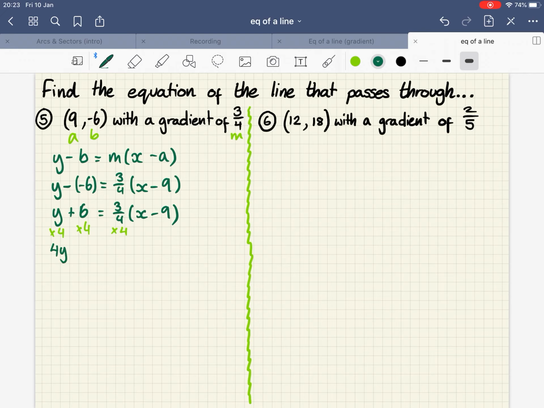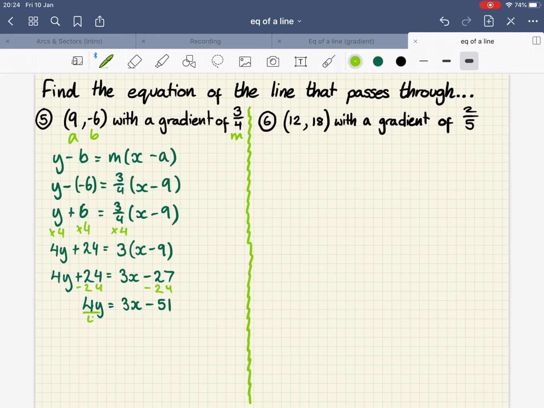So that's now going to be 4y. 6 times 4, that's going to be 24. This will now just be 3 bracket x minus 9. And then going to expand that bracket. So that's going to be 3x minus 27. Take away that 24 from both sides. So that's now just going to be 4y equals 3x, and that's going to be minus 51.